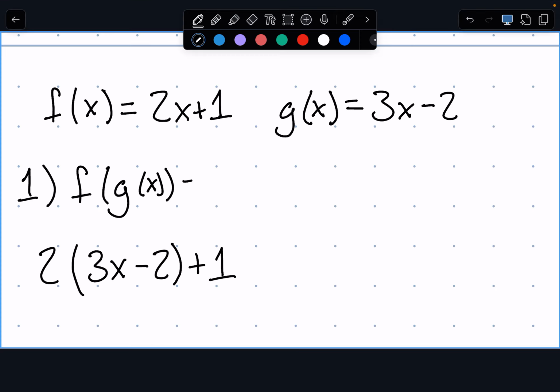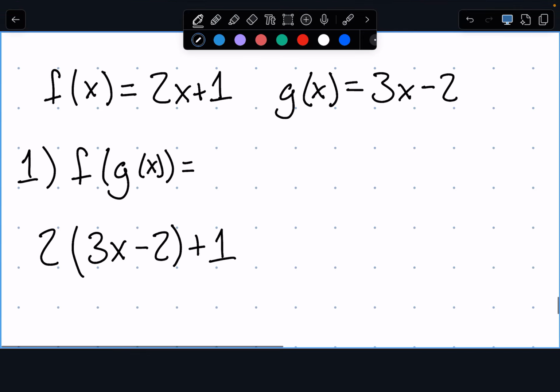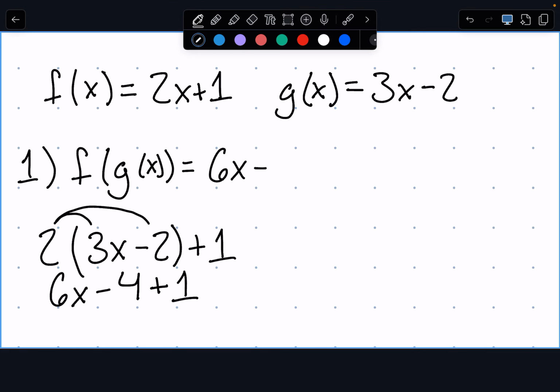My only thing I need to do now is distribute and combine my like terms. So I'm going to distribute my 2 into these parentheses. So I have 6x minus 4 plus 1. And then I just got to combine my like terms. So I have 6x minus 3.